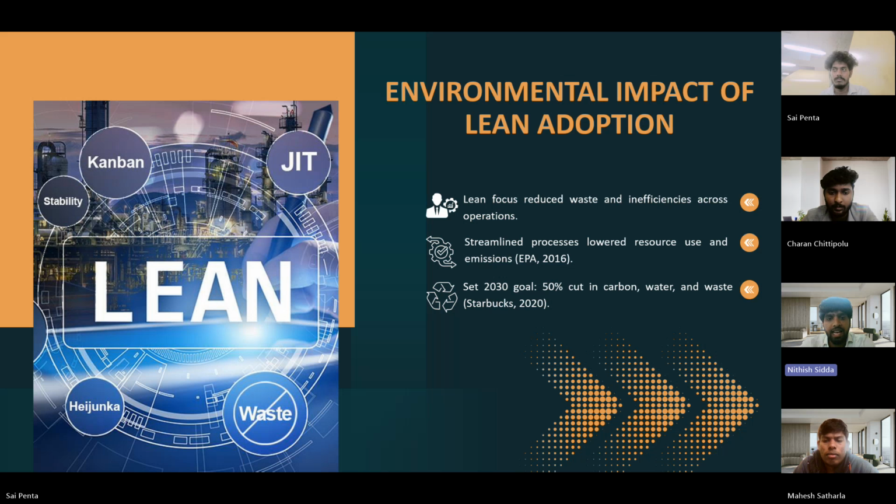Additionally, the corporation has set 2030 goals, including a 50% decrease in its carbon, water, and waste sent to landfill footprints, scopes 1, 2 and 3, compared to its 2019 baseline.